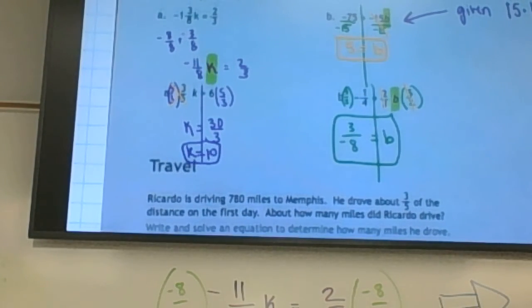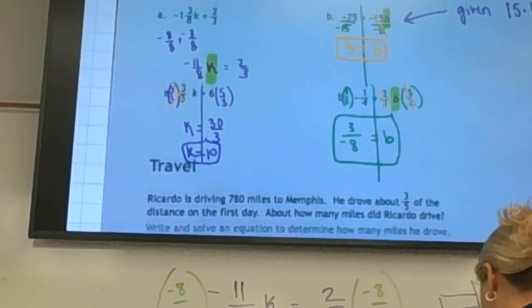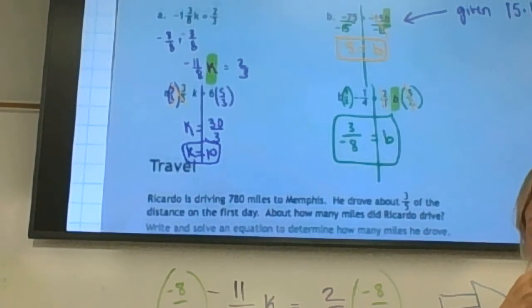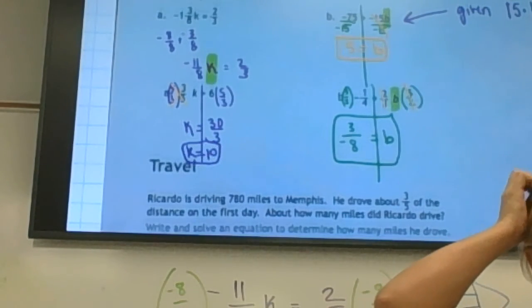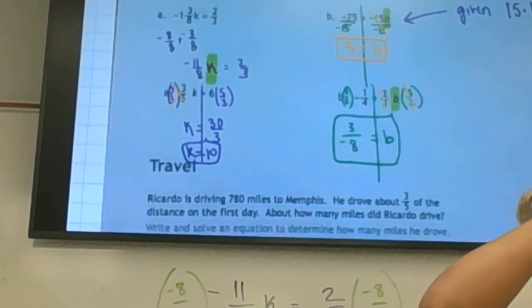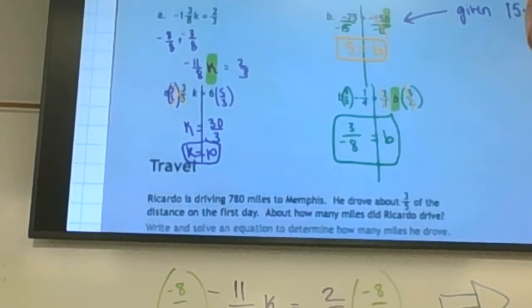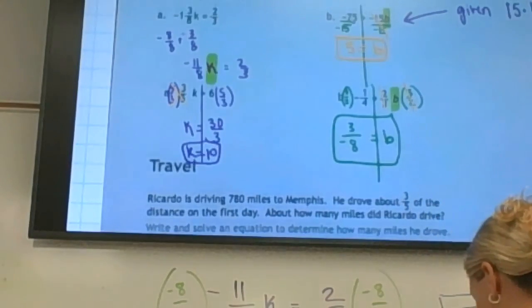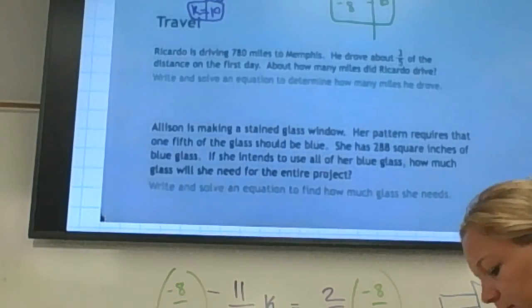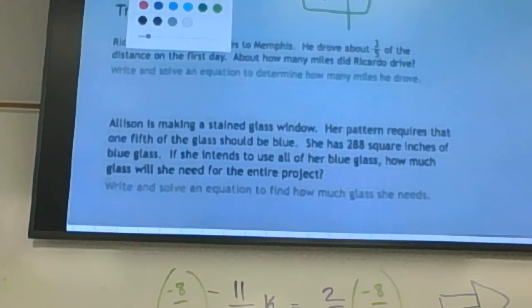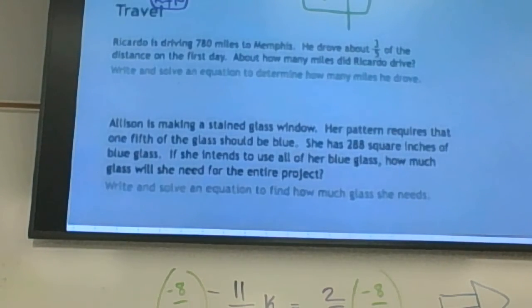All right, go ahead and try the word problem in your groups. Okay, the cargo is walking 780 miles an hour. X plus 35?